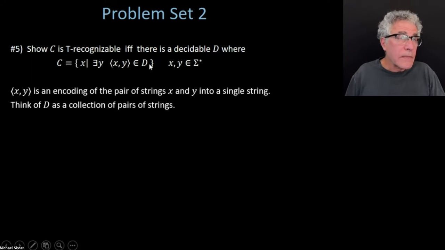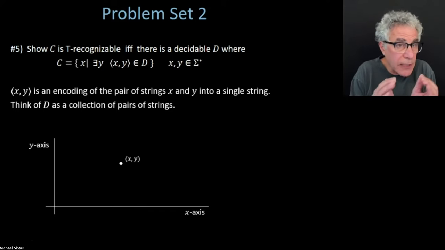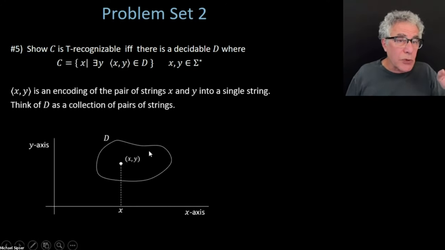Let me try to give you a picture of that. I'm going to think of D as a collection of pairs of strings, and it might be helpful to think of it on the axes here. If we have a pair of strings X, Y, which I have not yet packaged into a single string, I'm thinking of them as a pair of 2 objects at this moment. Just conceptually, think of D as a collection of pairs, like a subset of all of these pairs.